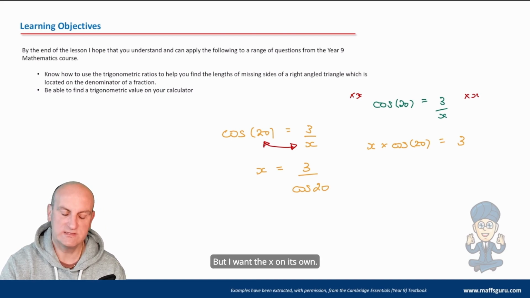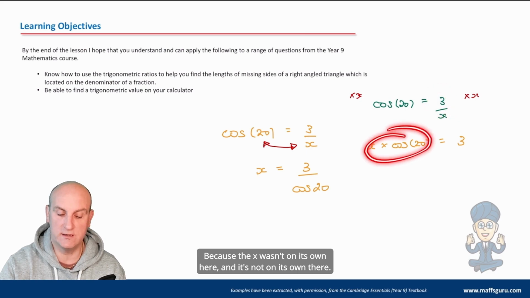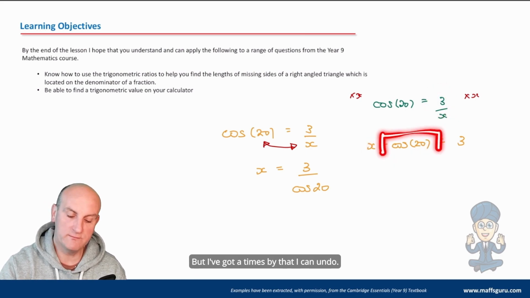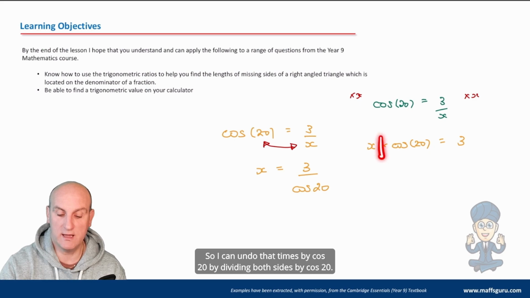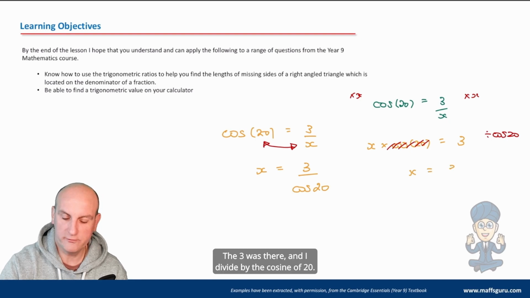Right, but I want the x on its own, so that's not really helped me, has it? Because the x wasn't on its own here, and it's not on its own there, but I've got a times by that I can undo. So I can undo that times by cos 20 by dividing both sides by cos 20. Now when I do that, that disappears, leaving me the x on its own. The 3 was there, and I divide by the cosine of 20.